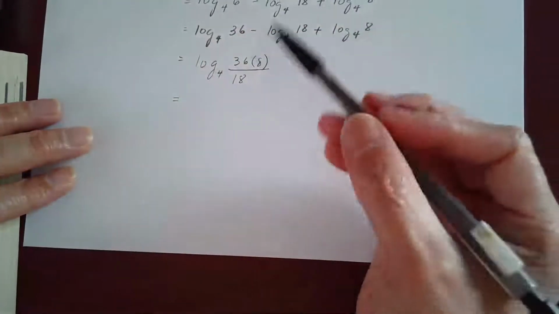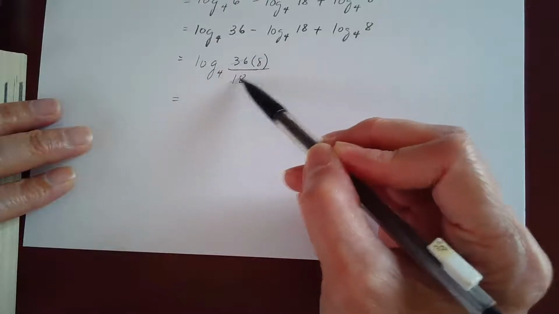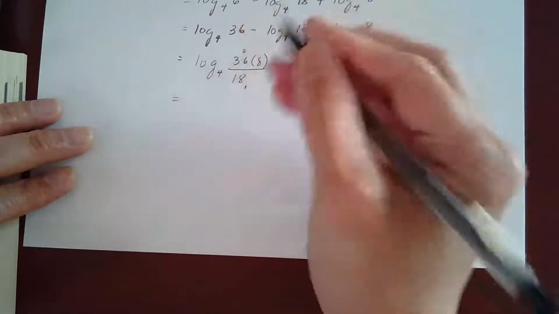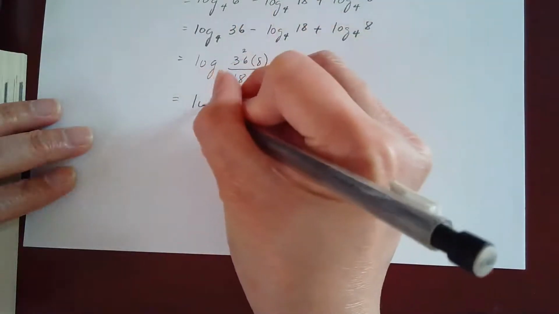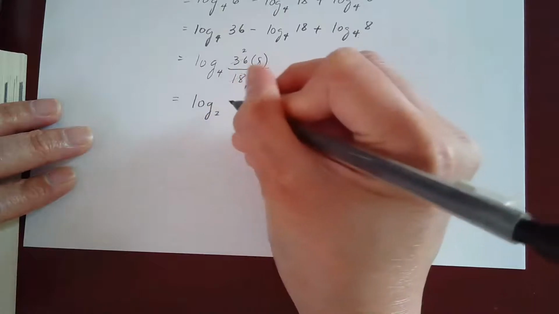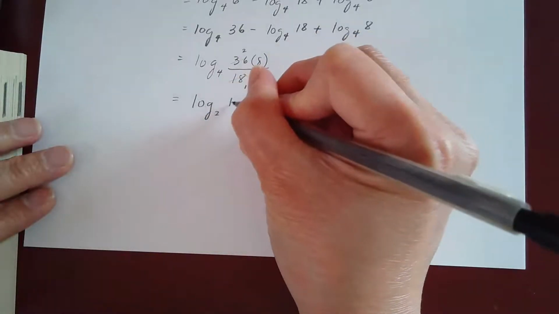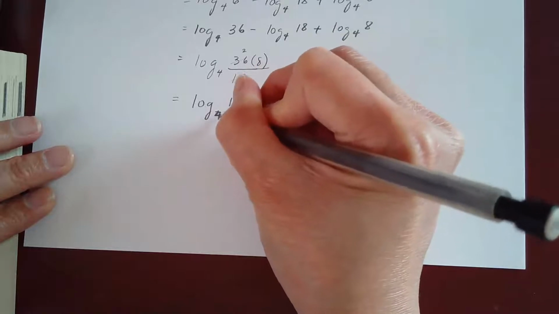So 36 and 18 cancel each other out, so that becomes 2. And then 2 times 8 is 16. So this really breaks it down to log base 4 of 16.